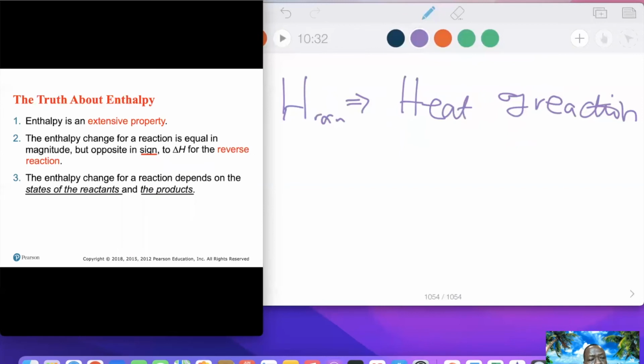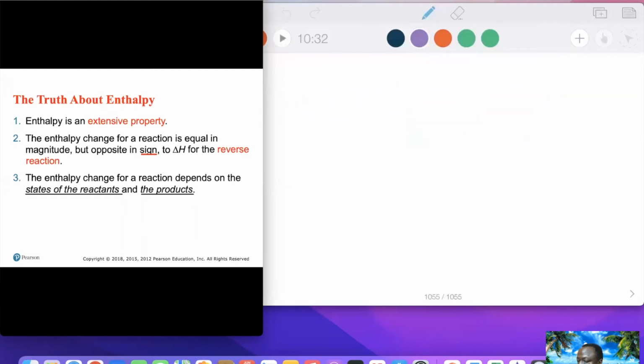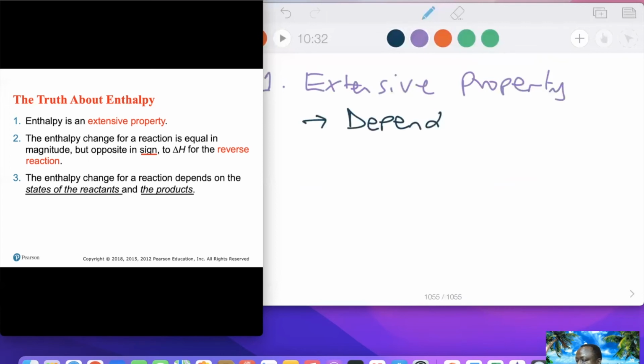There are 3 or rather even 4 properties of enthalpy. First, it is an extensive property. What do we mean by extensive? That means this depends on the amount of reagents. You may want to say reagents or reactants.